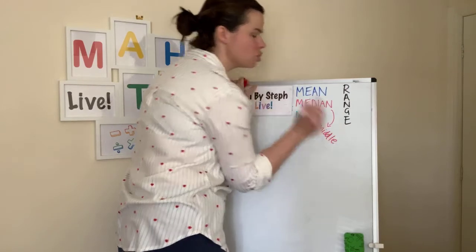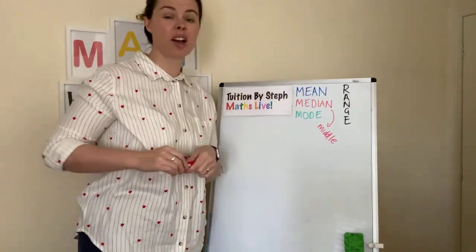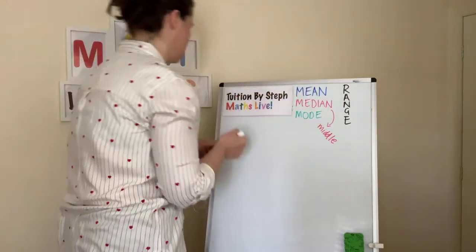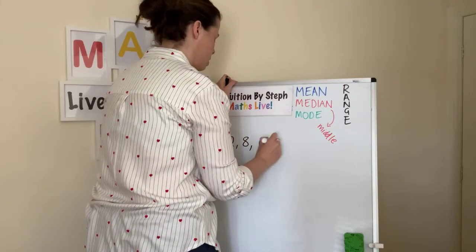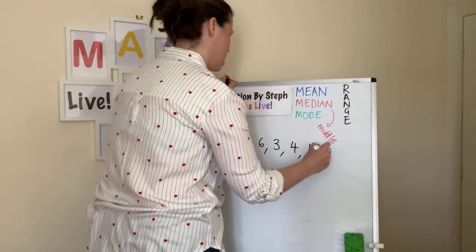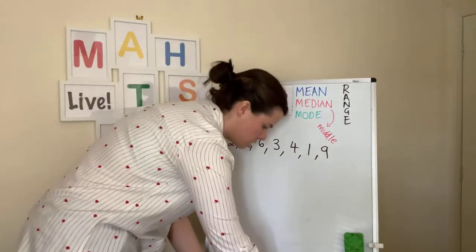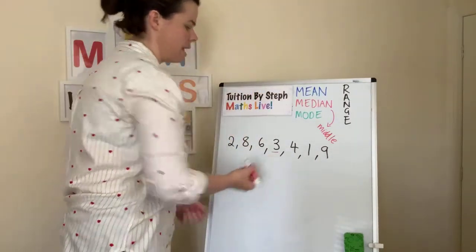But there are 2 steps to find the median, because you don't just find the middle in a set of numbers. So for example, if I put a set of numbers here, 2, 8, 6, 3, 4, 1, 9, okay, and someone said it's the middle number, well the middle number here is 3.